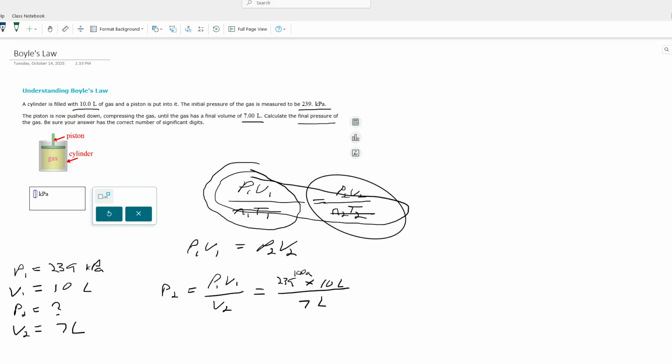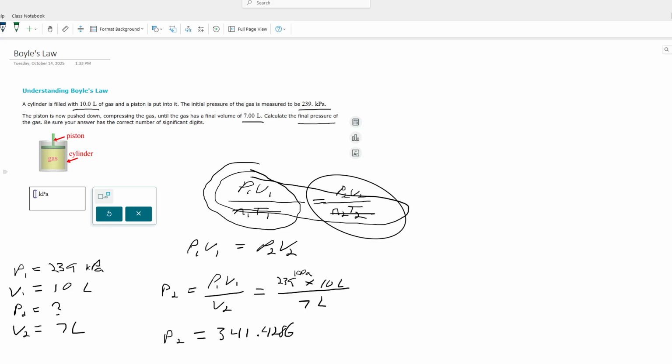And this is going to be 239 times 10 divided by 7 equals, and so I get a new, and I'm expecting it to increase, that new pressure P2 equals 341.428, somewhere in there.